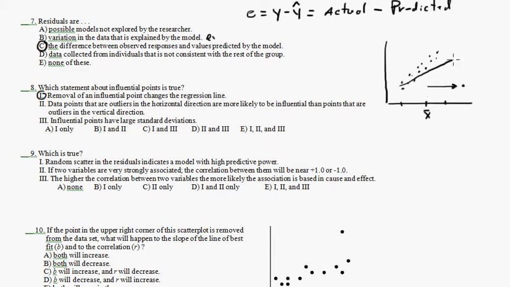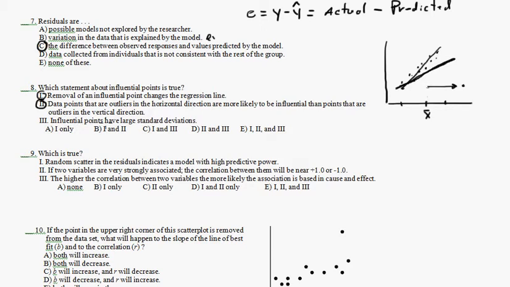It didn't always snap right to the point, but it changed. And so we talked about points with leverage, or influential points that have leverage, so deviations in the horizontal direction can be influential points, or tend to be.